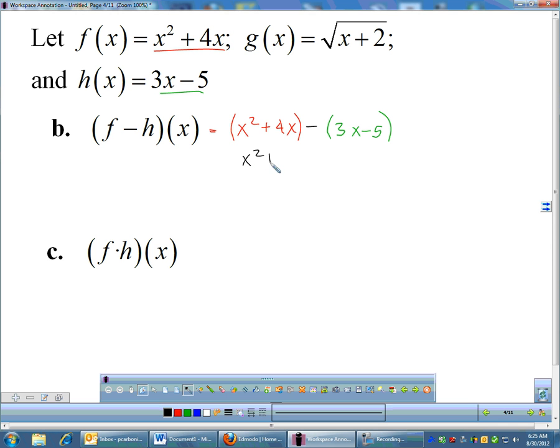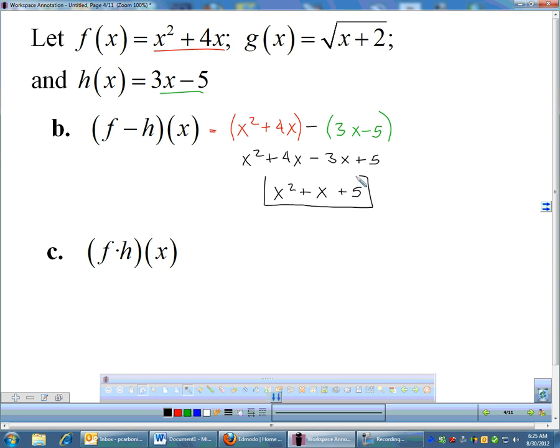This is x squared plus 4x. Distribute the negative, minus 3x plus 5, and then we'll combine our like terms. X squared, 4 minus 3 is 1x plus 5. And we're done. Sometimes these will factor, but it doesn't matter. You don't need to factor this because you're not going to be able to cancel. I'm not asking you to do anything else with the answer. So we'll just leave it as the trinomial.